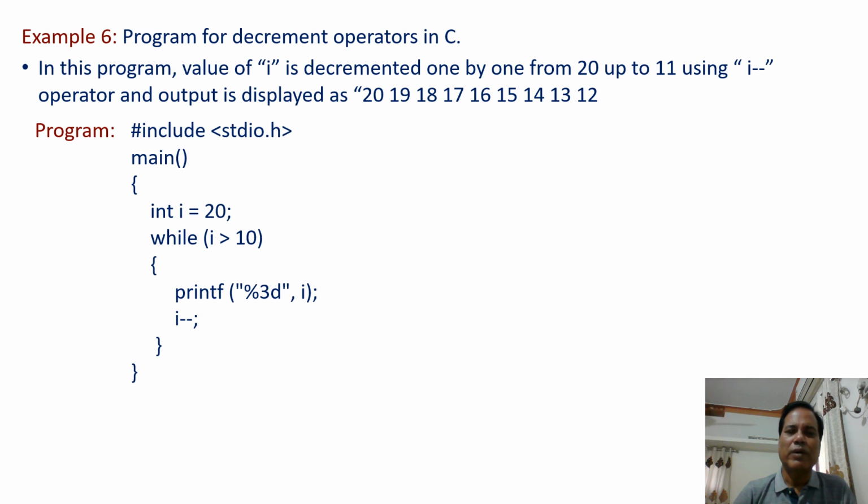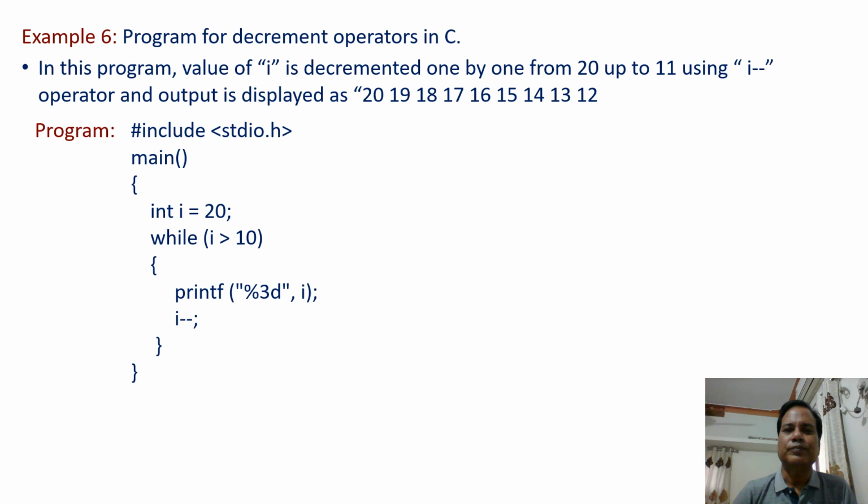When the value of I is decremented, its value becomes 19. So 19 is compared with 10. Until the value of I is greater than 10, and naturally the value of I up to 11, 11 is greater than 10.